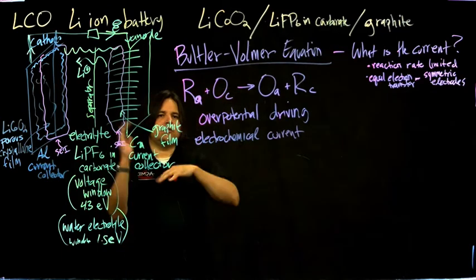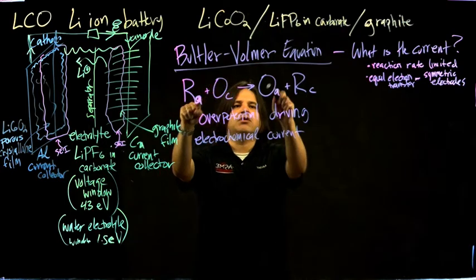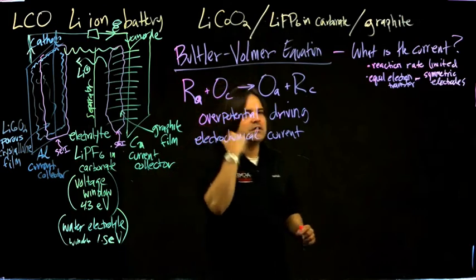Whenever this changes from R to O at the anode, the reason is that an electron came on or off.